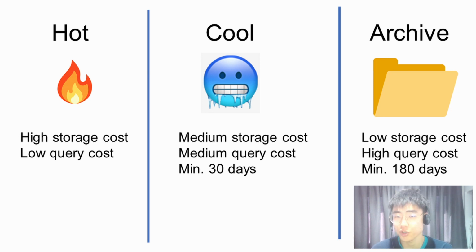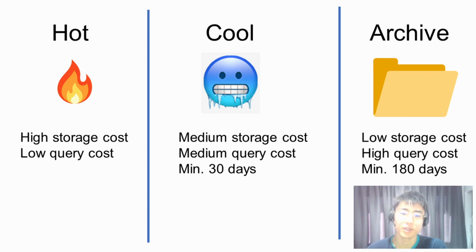For cool storage and archive storage, it's not like we can just store there and delete it whenever we want to. So they both have minimum storage periods. For cool it's 30 days and for archive it's 180 days. So it's really about asking how often we're going to use this data, and that can tell us which storage option we should be using for that data.